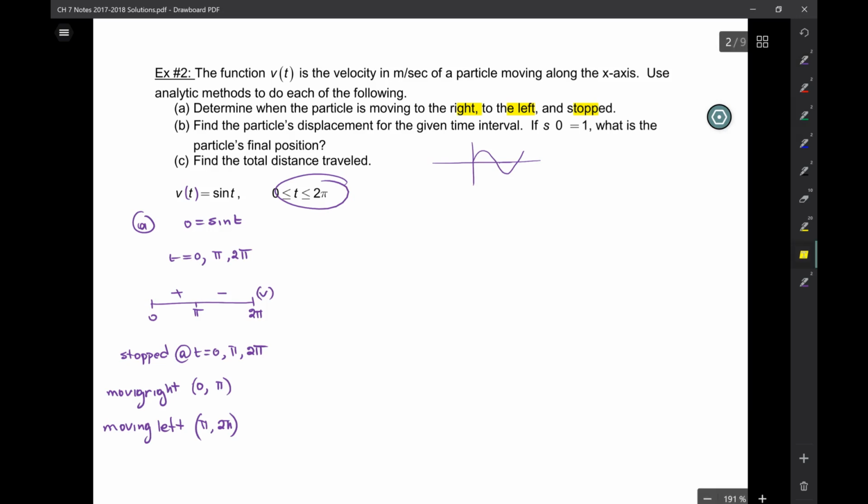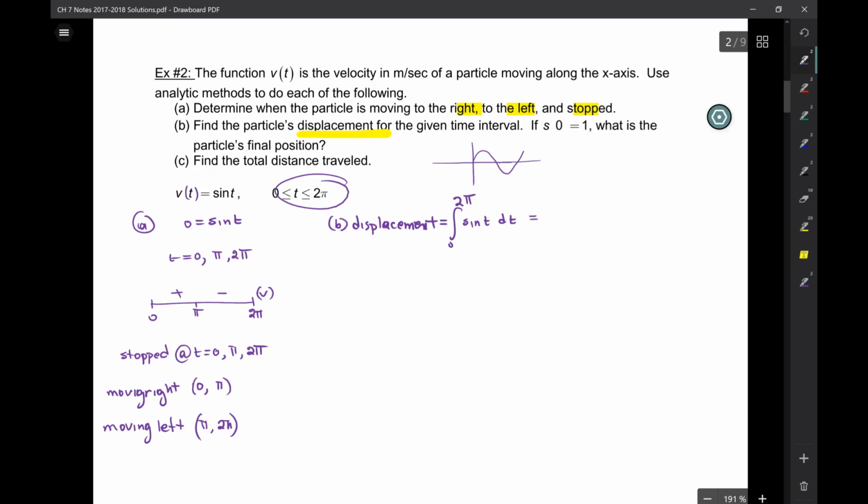Displacement. That was on the screen, guys. Displacement is the integral of v of t dt from a to b. All right.